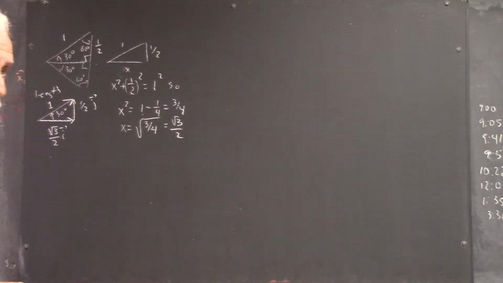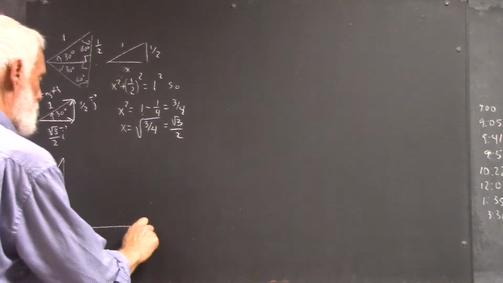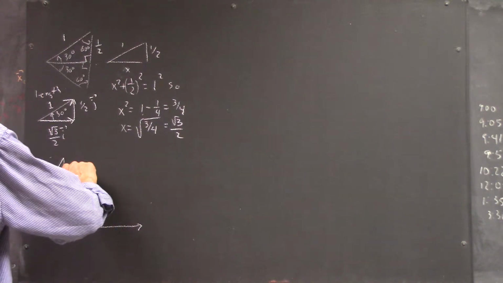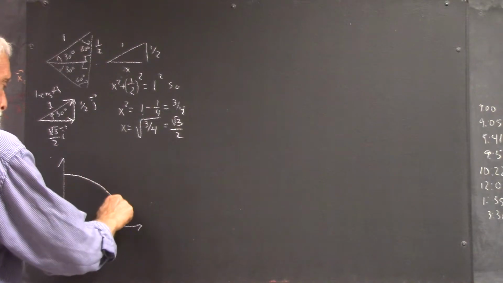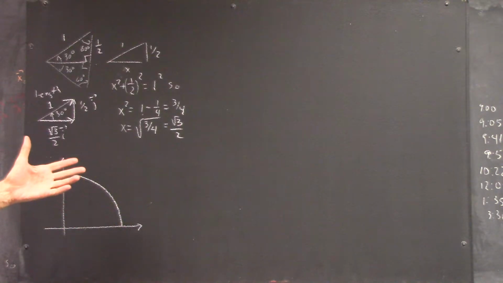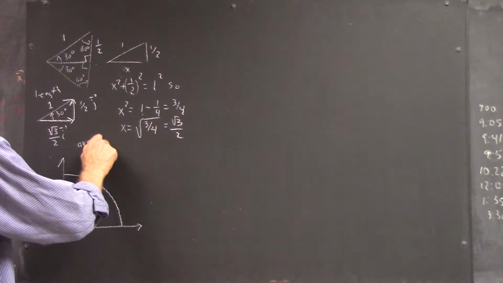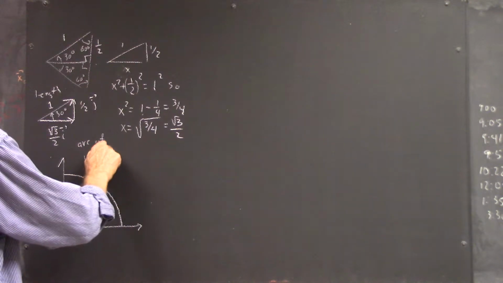Okay? Now from this, I'm just going to take our first quadrant vectors on the unit circle. So this is part of the circle of radius 1, right? This is an arc of the unit circle.